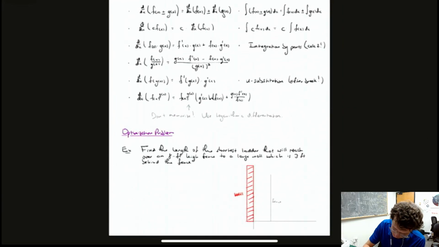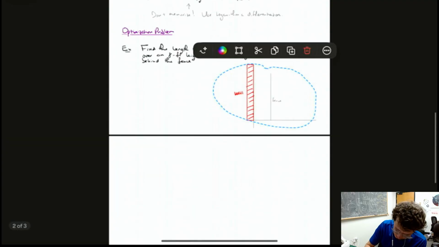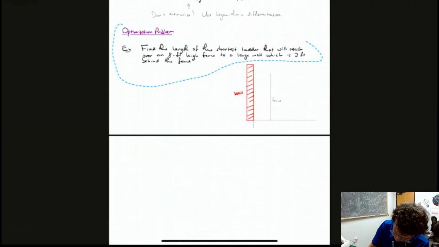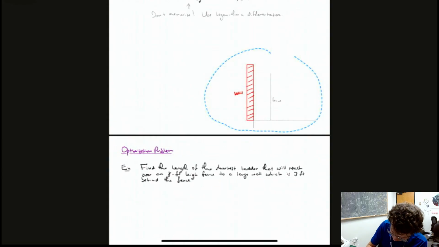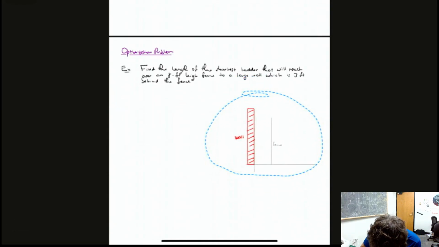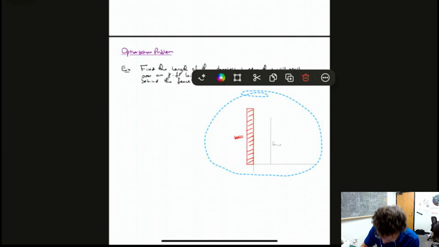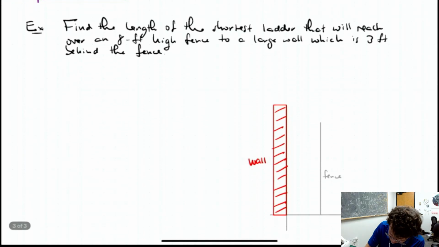I think I actually need to make this a little bit taller. So let's move this down to the next page. So when they say a large wall, they mean it's very tall.